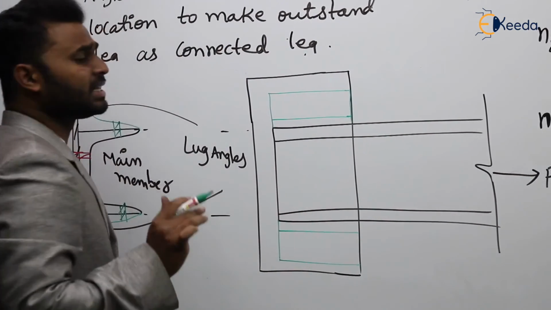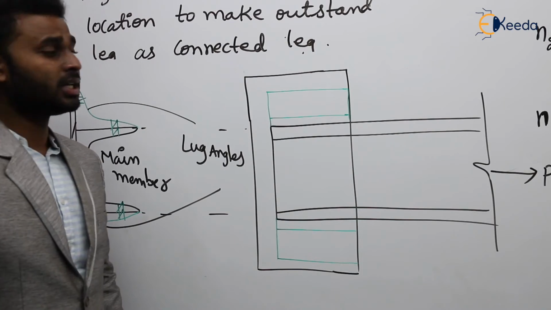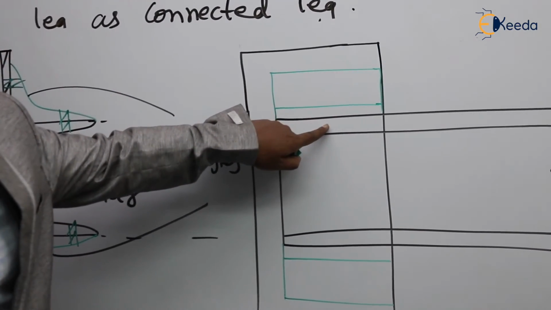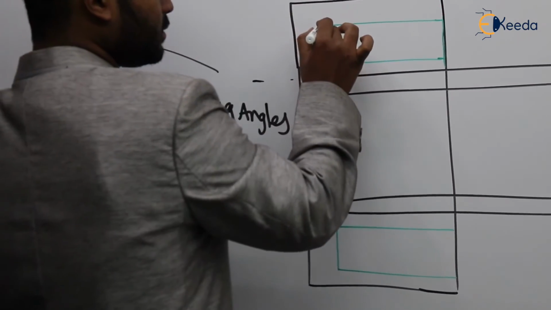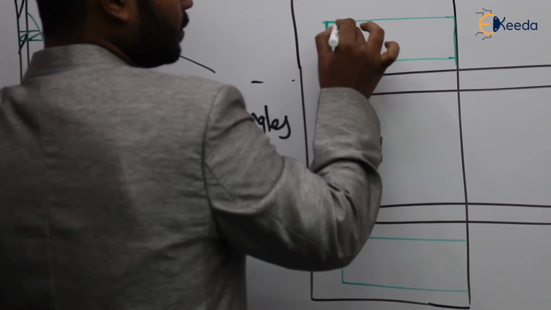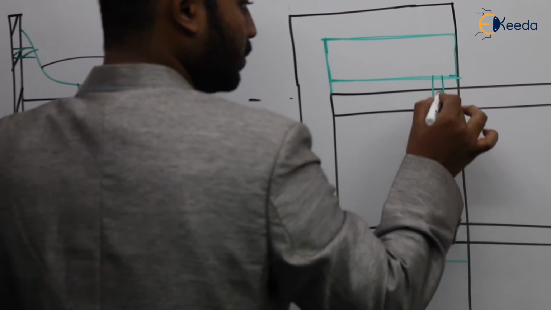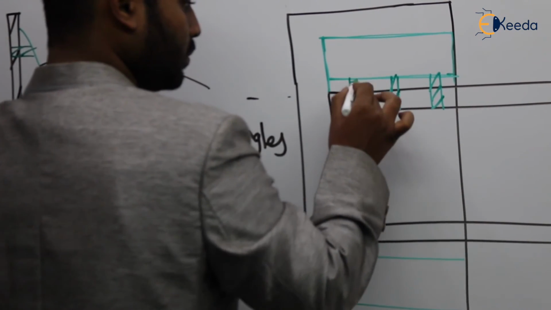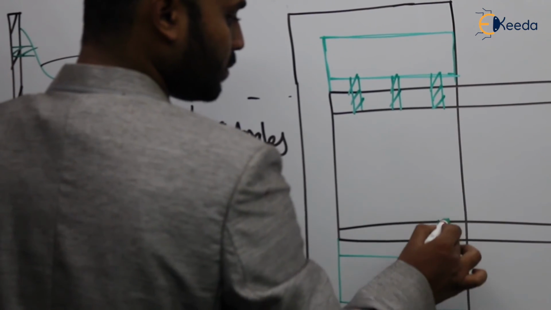As we discussed, the connections which are used to connect the lug angle to the main member should start in advance. Agree or not? They should start in advance.